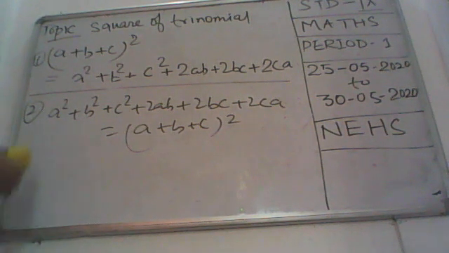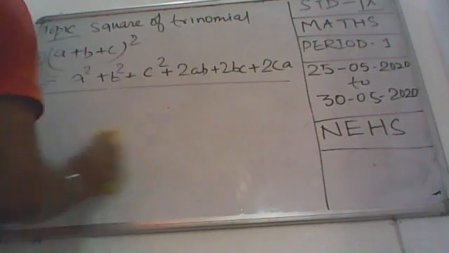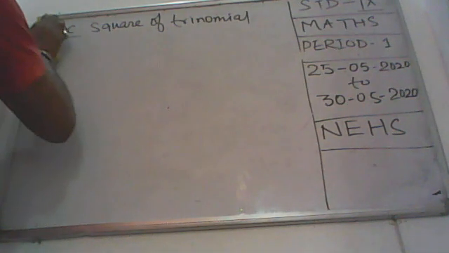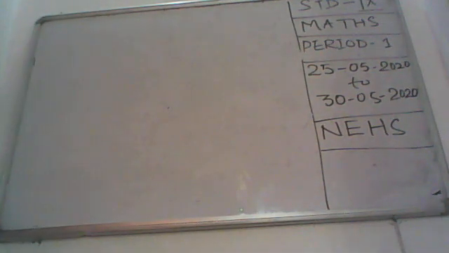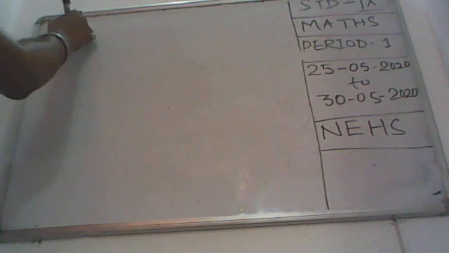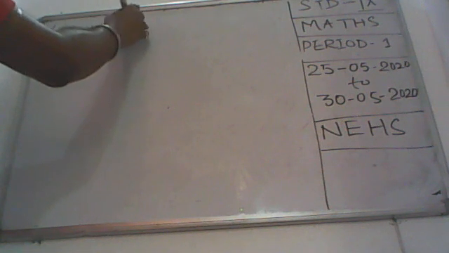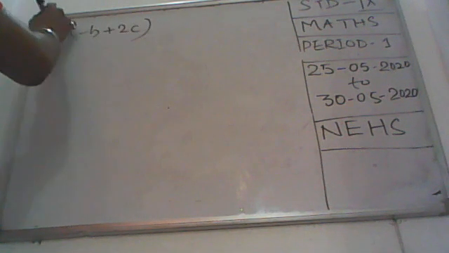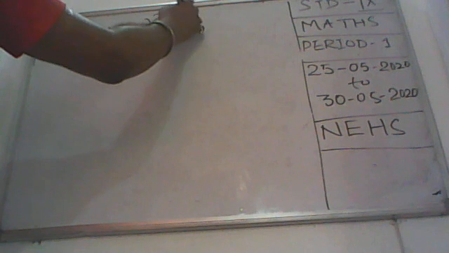First of all, for (4a minus b plus 2c) whole square, they say expand it.